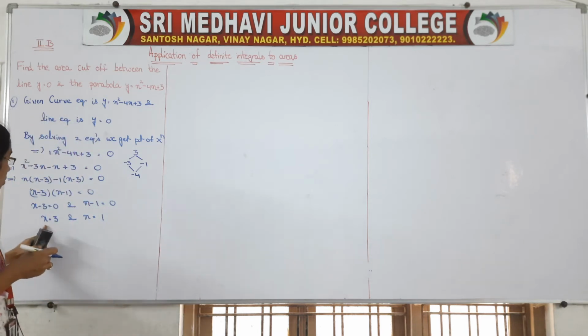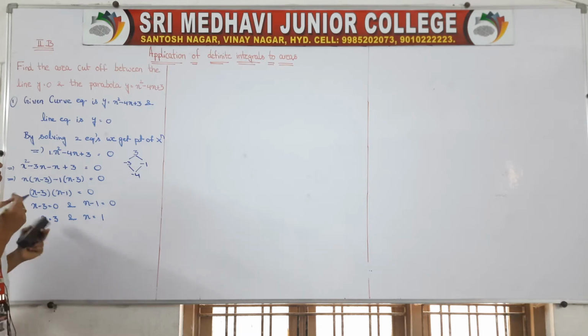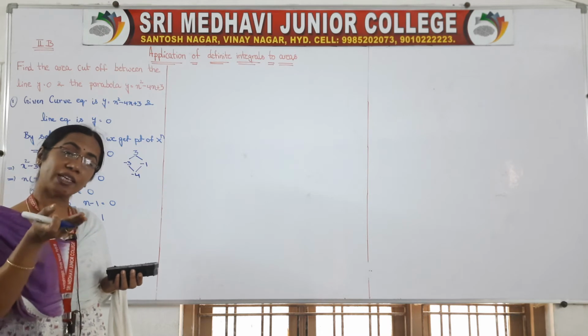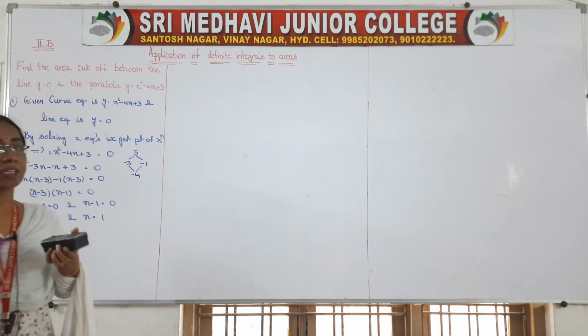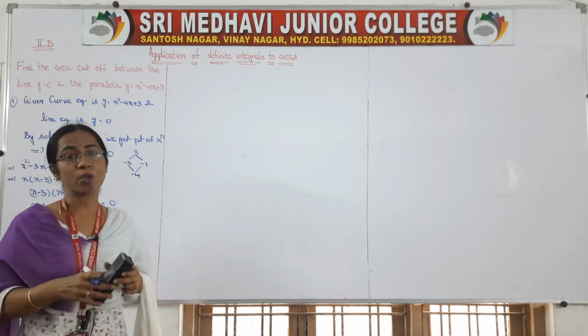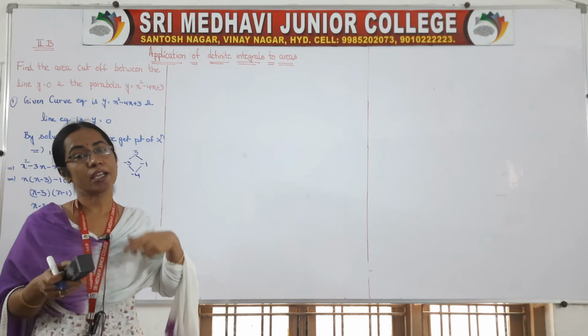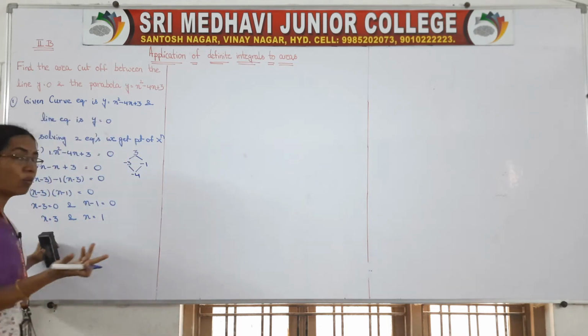Okay. So you got your x values, x is equal to 1, 2, 3. Now we should know whether the area is above the x-axis or below the x-axis. So how will we know?